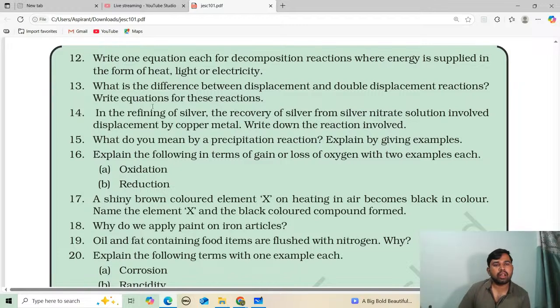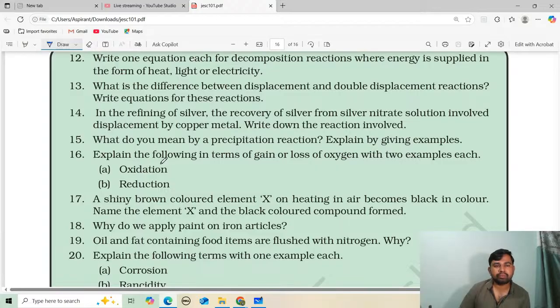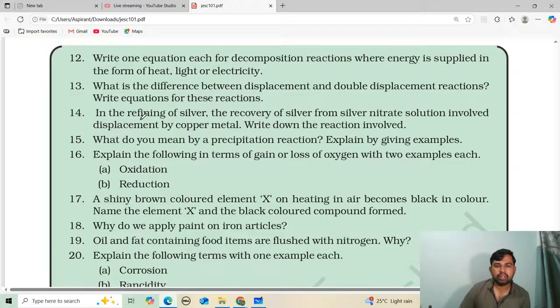So next, let me come to the next question, question number 15, refining of silver. When you are answering the question, please underline some points. Refining silver means they want to take silver out. By processes like reduction and others, still there will be a small amount of impurities, so to remove them they use a process called refining.